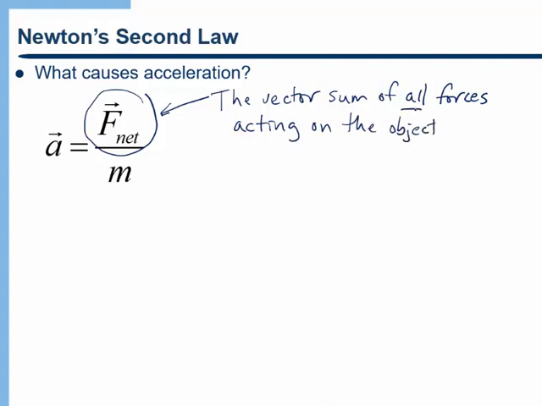So that's important. We have to add up all of the forces acting on the object, and because force is a vector, we have to do a vector sum. M then just stands for the mass of the object.